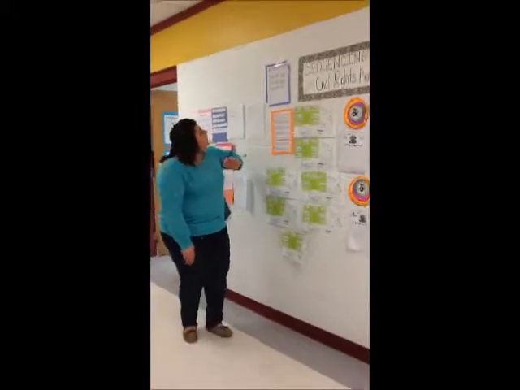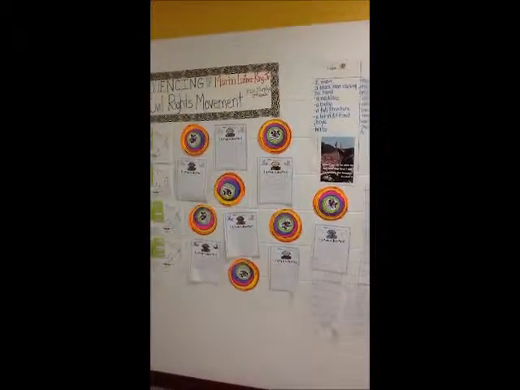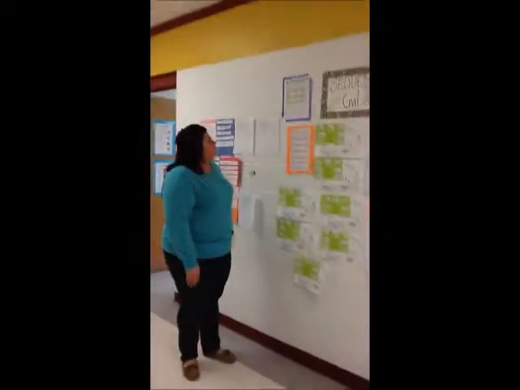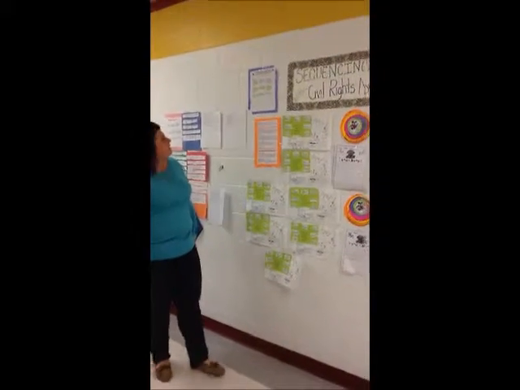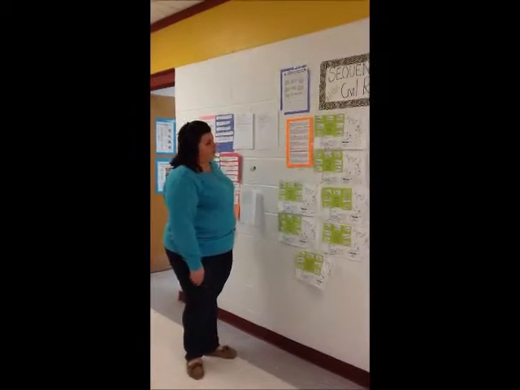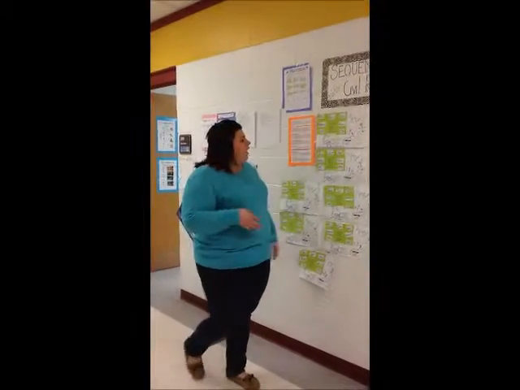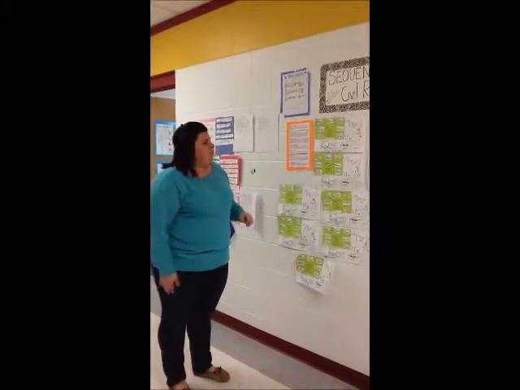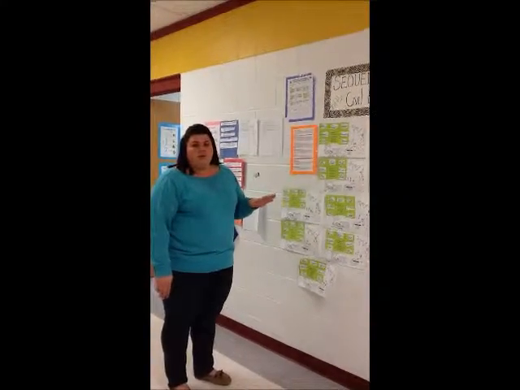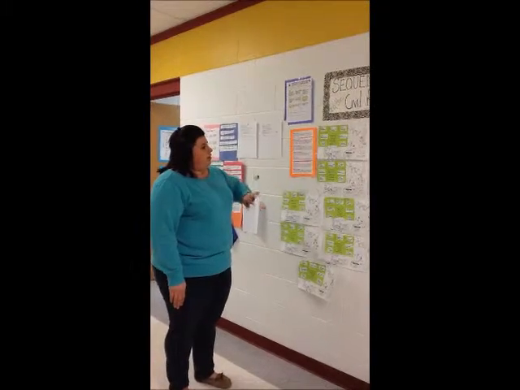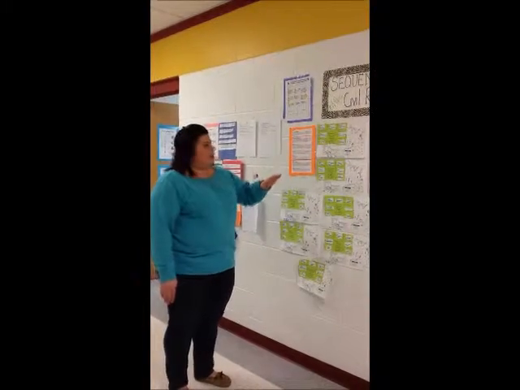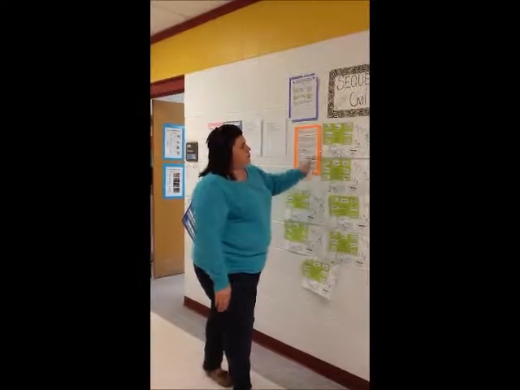And then a DOK3, using the virtual field trip of the Civil Rights Movement, plan a trip through the U.S. cities for Dr. Martin Luther King Jr. to travel through. Once we had discussed the Civil Rights Movement for a little while, we used a website online where you could map out the cities that Martin Luther King and the Civil Rights Movement traveled through.